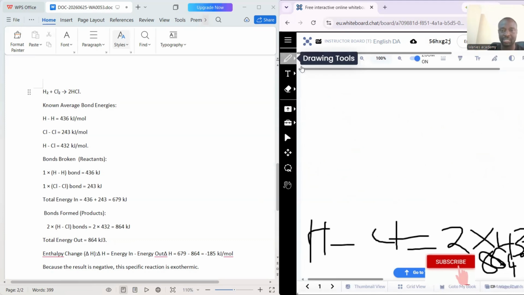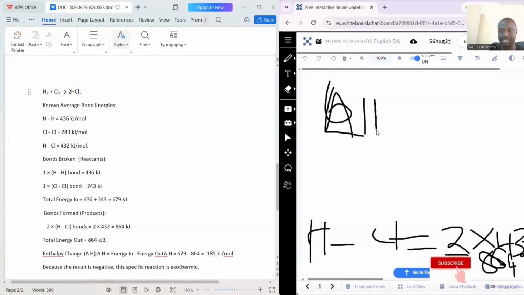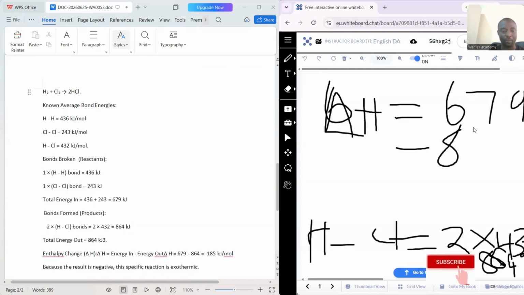Now let's get to that. The energy in, used in breaking the bonds on the reactant side, we got as 679. So delta H, the change in enthalpy, equals energy in minus energy out, which is 679 kilojoule per mole minus the energy released to the surroundings in forming the bonds on the product side, which is 864.